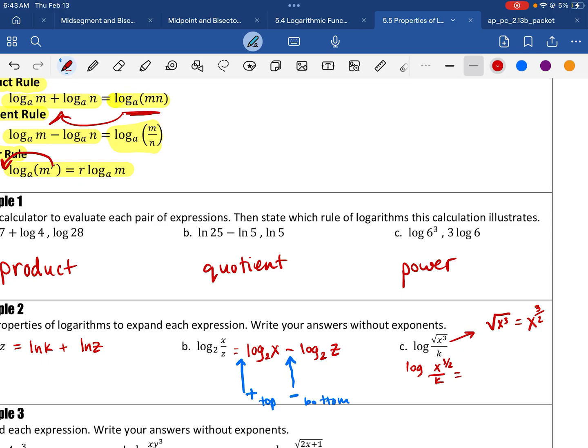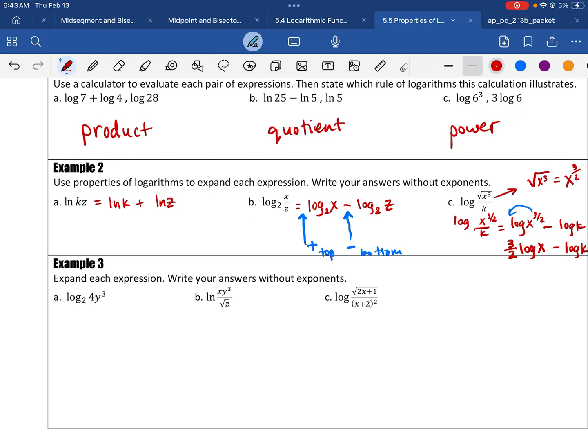I'm going to rewrite it as a subtraction. Minus log of k. And then I'm going to move that power out in front. So it'll look like this. 3/2 log of x minus log of k. And that would be that one expanded.